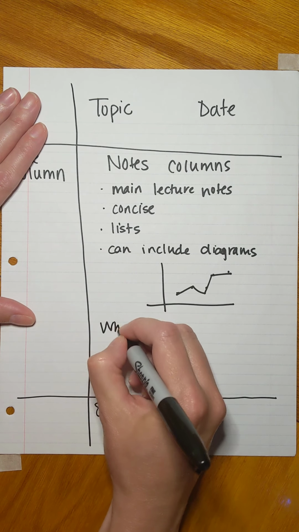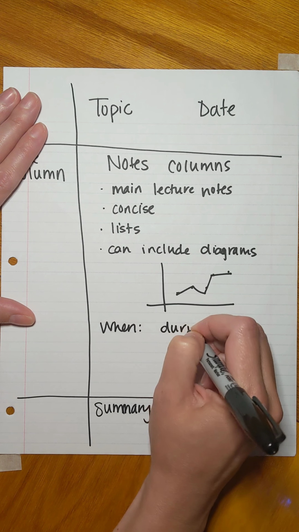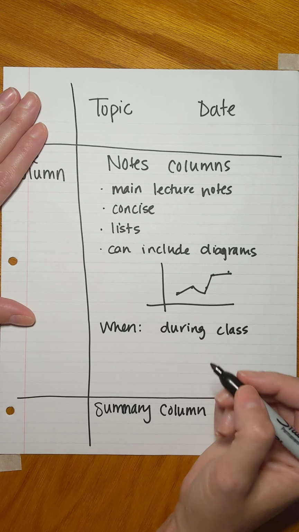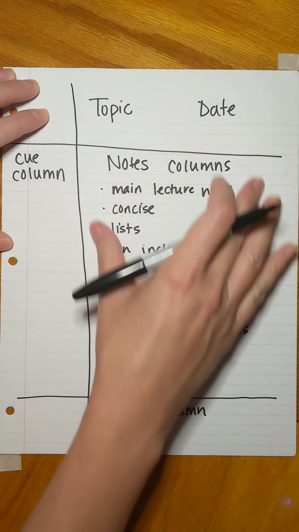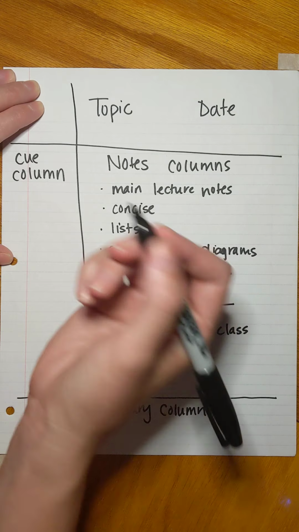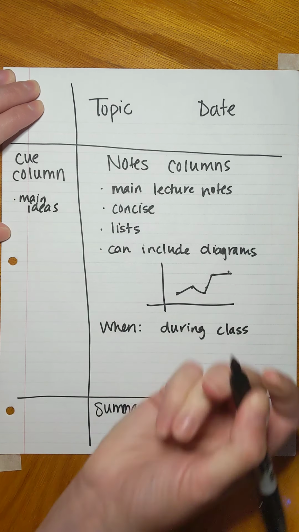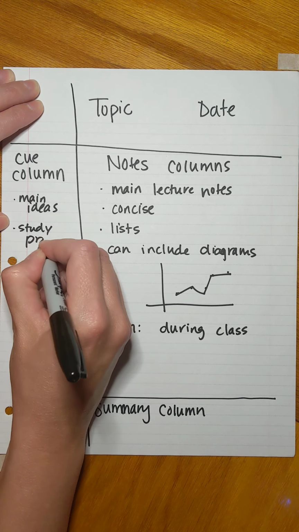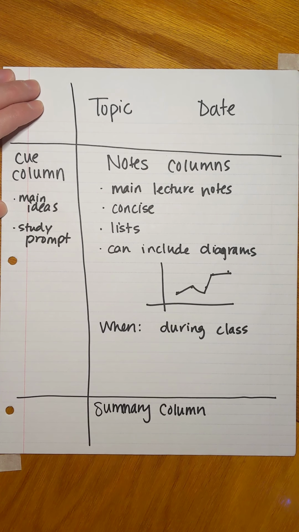All right, now when should you be filling this out? This area, the notes column, should be filled out during class, basically during a lecture, or if you're reading something from a textbook, during reading the textbook. All right, so when you were done with the notes column, you would come back and work on the Q column, and the Q column should be for main ideas, a study prompt, something that you might want to think about later when you're studying.